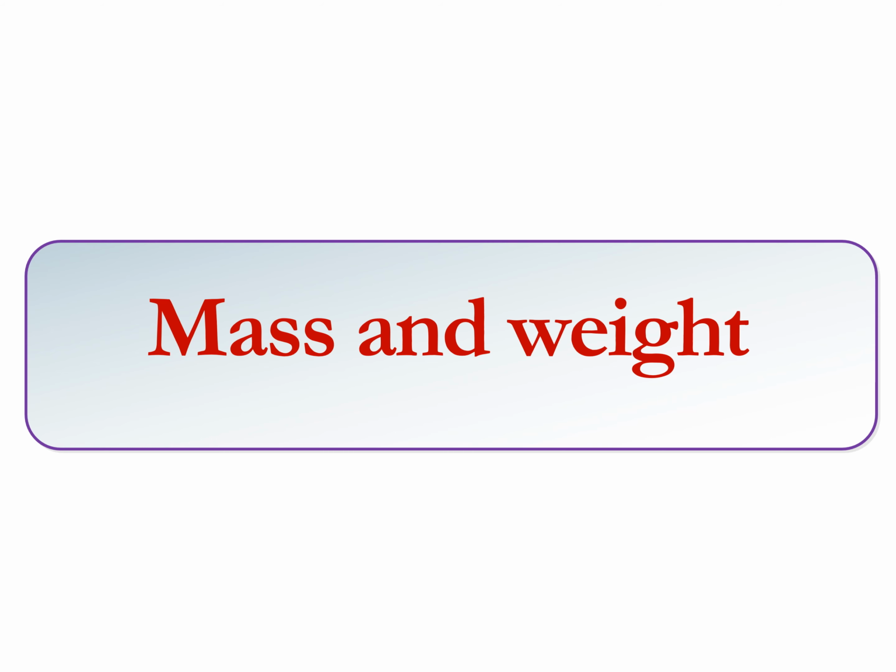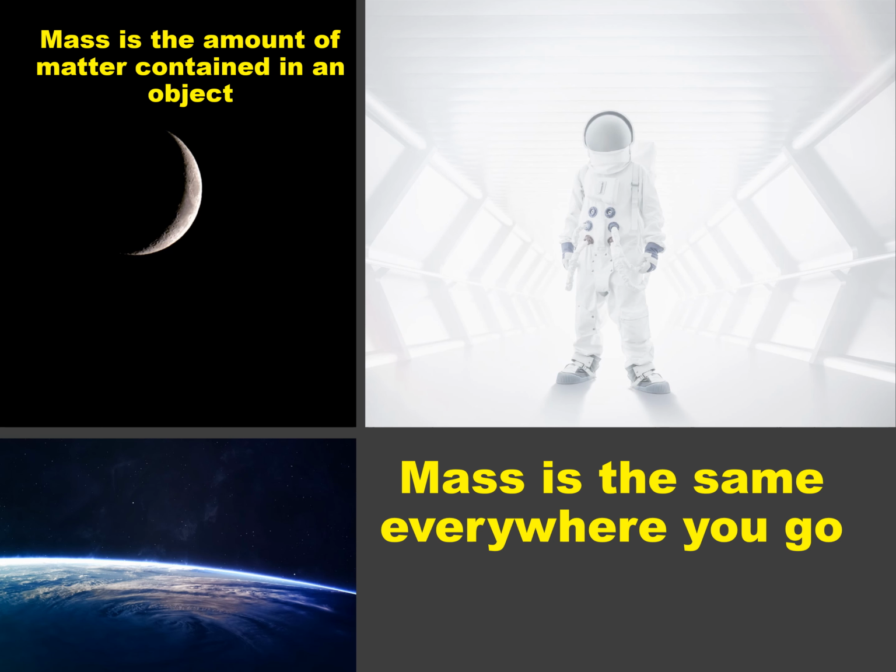So we start with mass and weight. Mass is the amount of matter that is contained in an object. Mass is always constant.